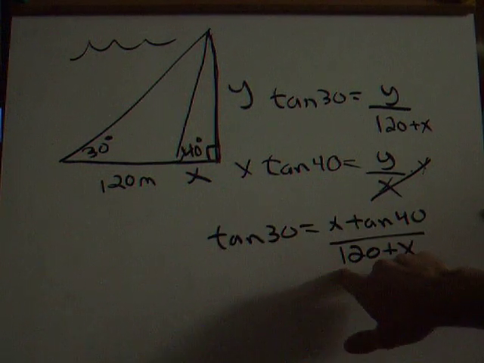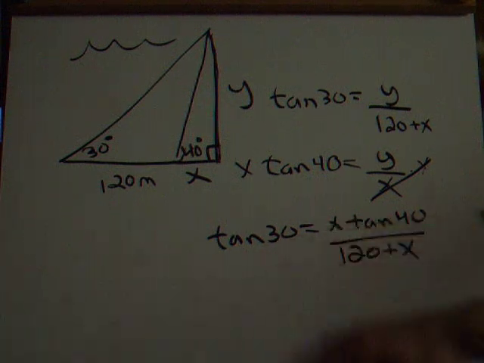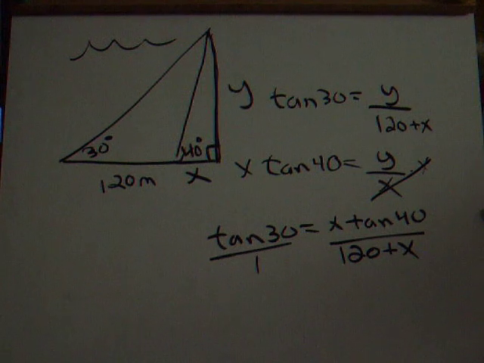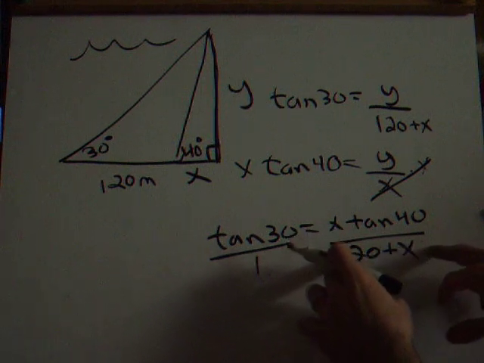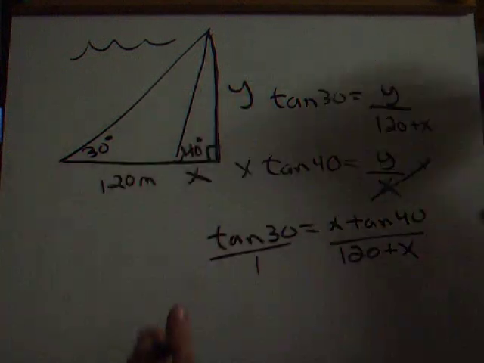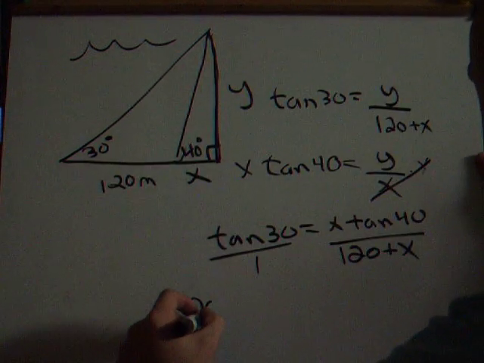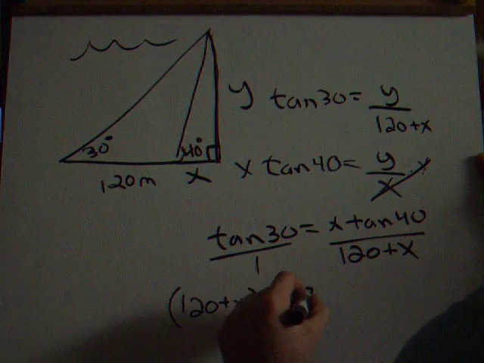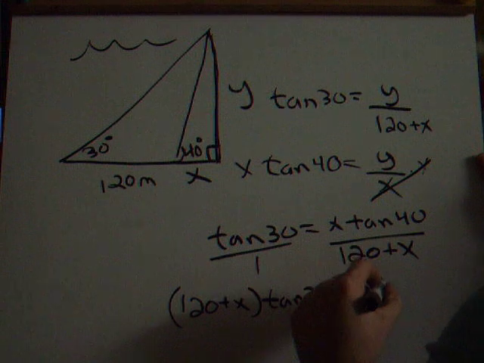Alright, so now this piece here, what a lot of people like to think of here, if you put a 1 on the bottom, think cross multiplication, it really doesn't matter. I'm going to multiply both sides by 120 plus x. So it brings it over here. So 120 plus x times the tangent 30 equals x tangent 40.